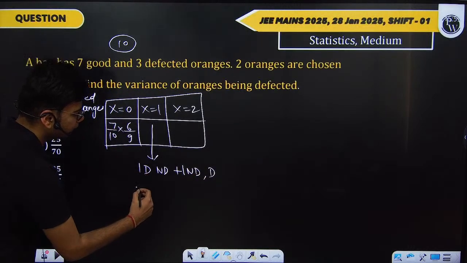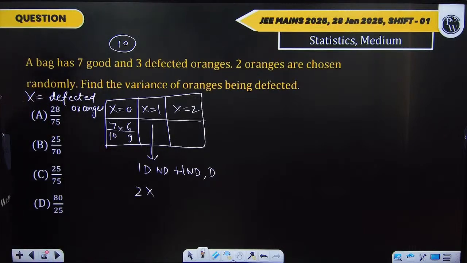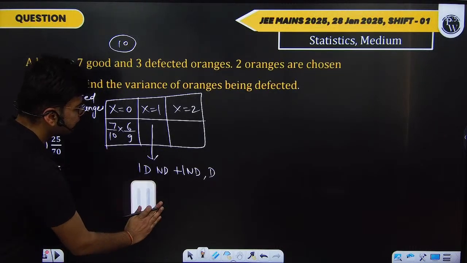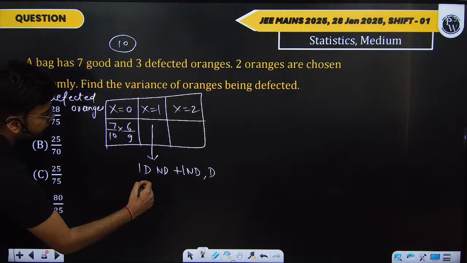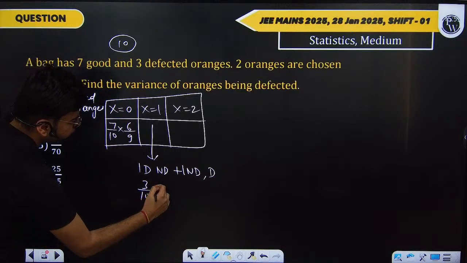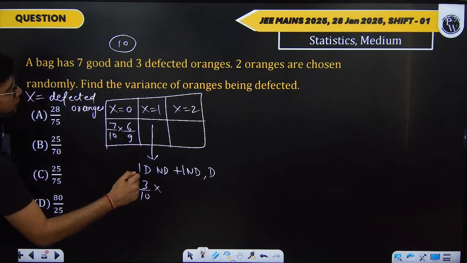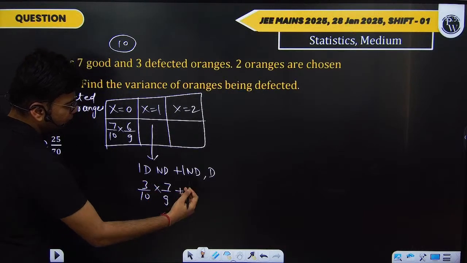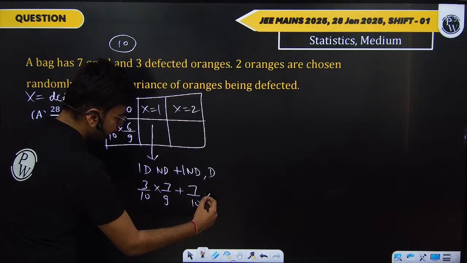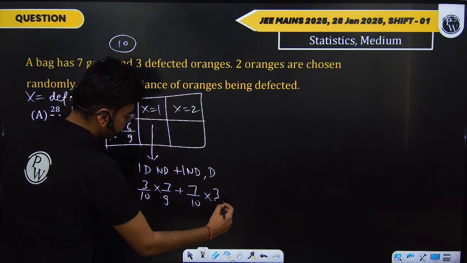So simply, I'm doing 2 multiplied by: defective 3 by 10 into non-defective 7 by 9, plus non-defective 7 by 10 into defective 3 by 9.